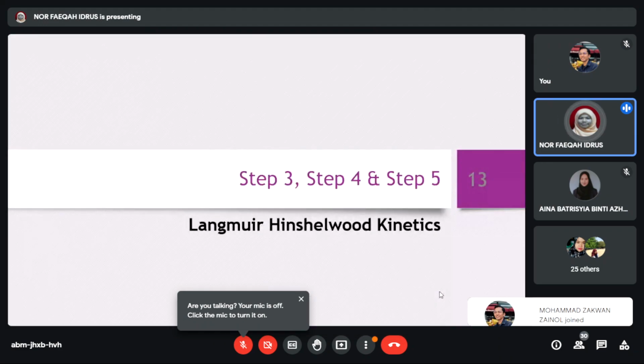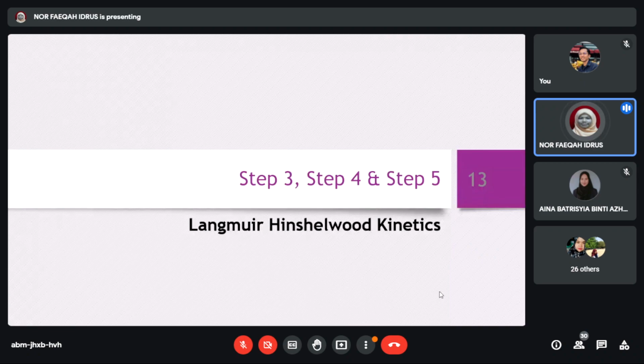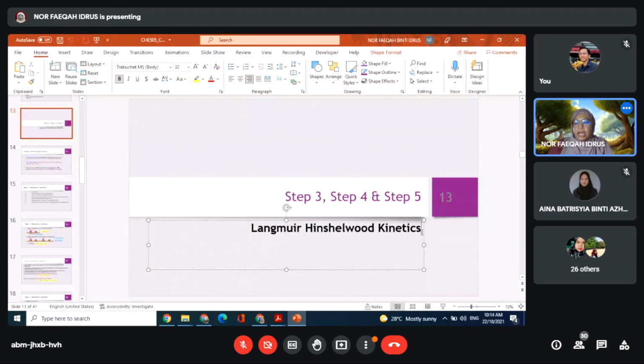So for steps 3, 4 and 5, there are 2 types of mechanism that we will consider, especially during the surface reaction step. The Langmuir-Hinshelwood kinetic is actually the kinetic that we use to determine how the reaction occurs, or we can say that actually it's not the kinetic but the mechanism.